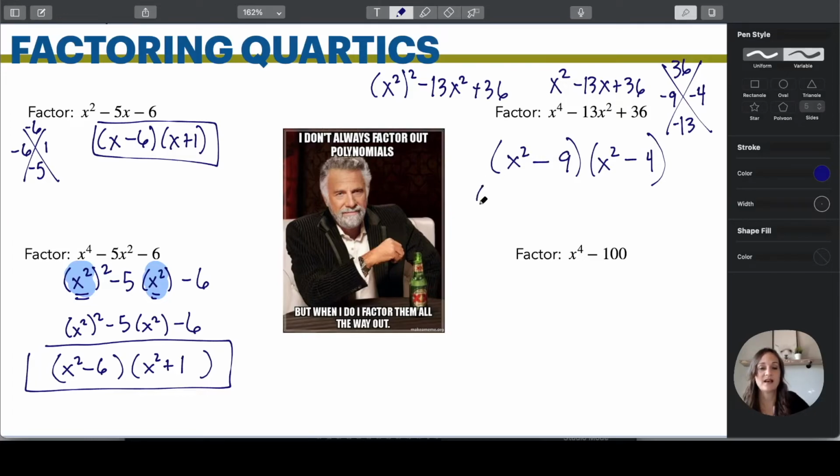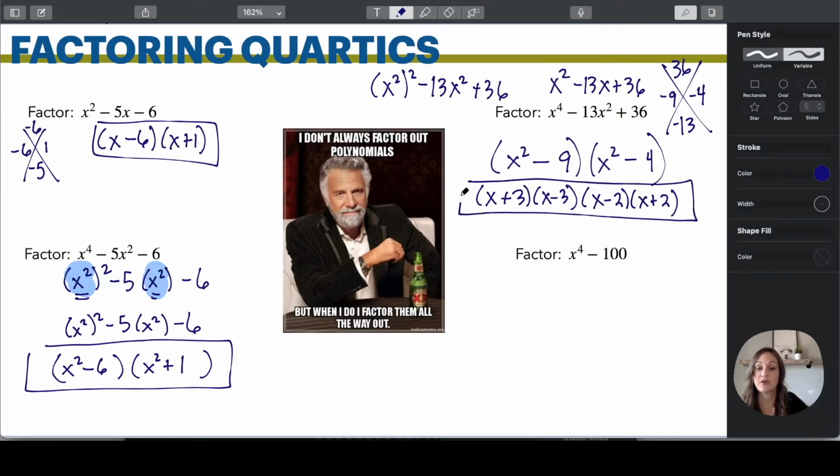X squared minus 9 can actually break down into x plus 3, x minus 3. And then x squared minus 4 happens to also break down into x minus 2, x plus 2, because it is a difference of perfect squares. So this is actually how you would factor that.